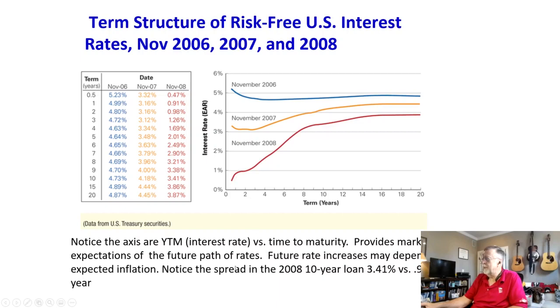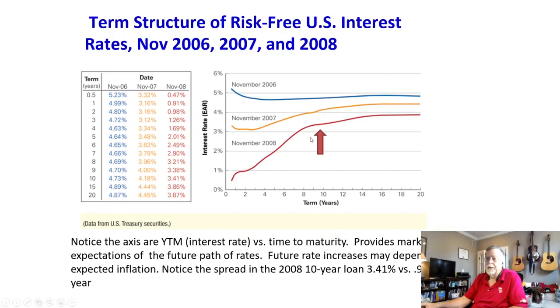The rate increase may depend on inflation too. Right now we're dealing with that, with inflation putting pressure on this market, and the difference between these rates. Notice the spread: the 10-year loan at 3.4 whatever, versus like 9.1% on 1 year. Huge spread here due to the uncertainty in the market. No one knew what was going to happen, so the rates varied wildly.